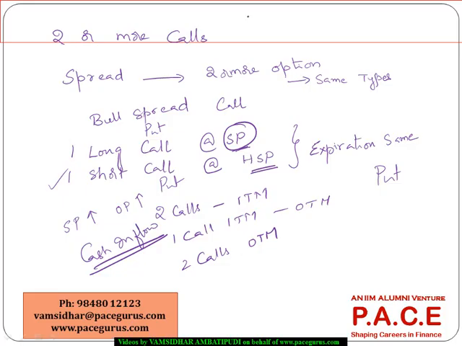So in any bull spread strategy, the investor is of the opinion that the market price of the particular stock will typically increase, but at the same time he wants to protect himself from the typical downside potential. That is where bull call or bull put kind of spread strategies are working out.